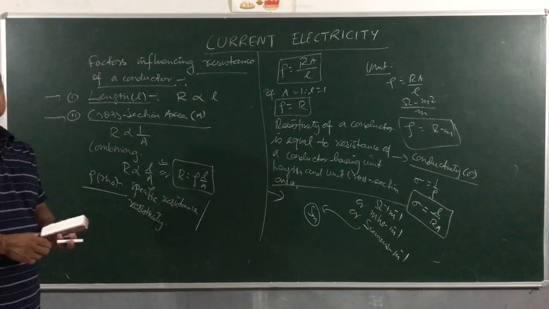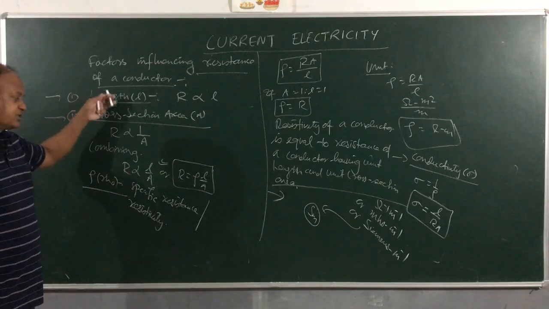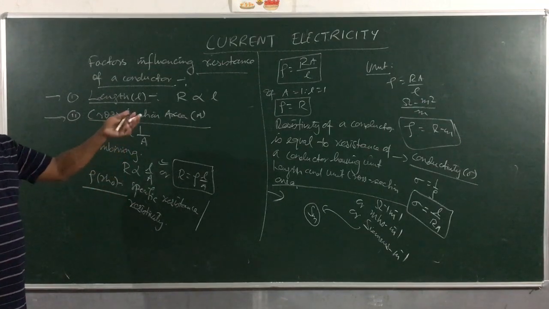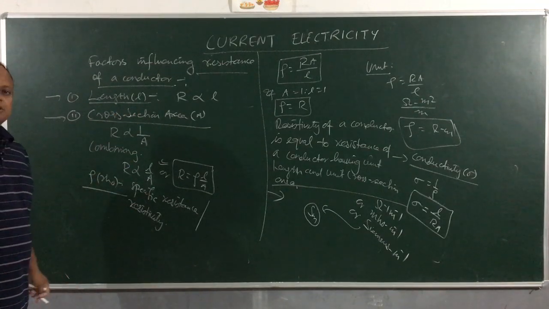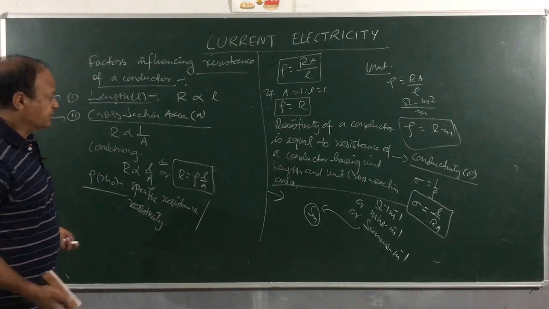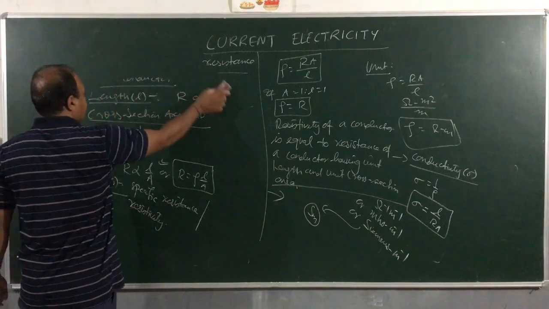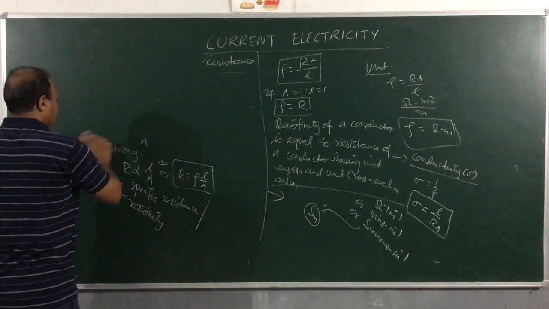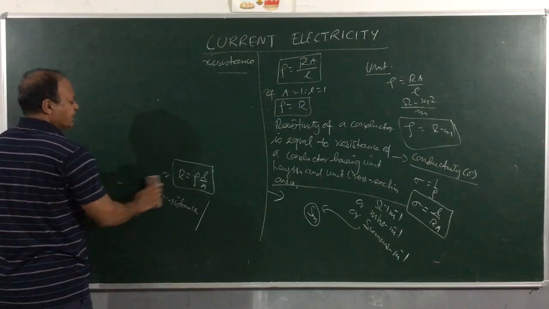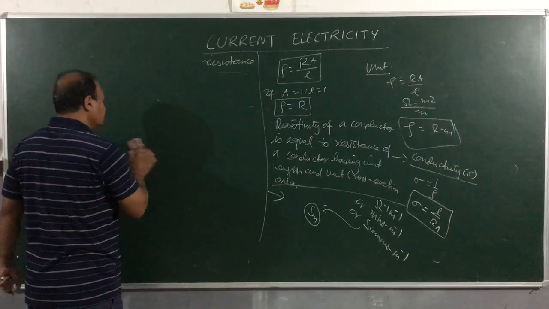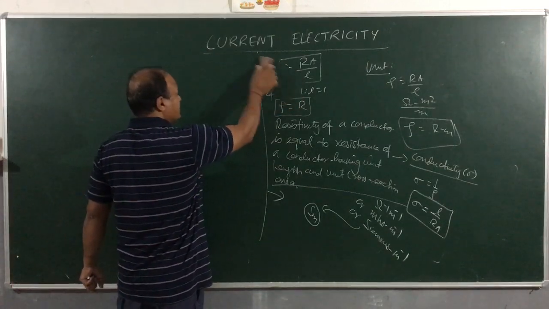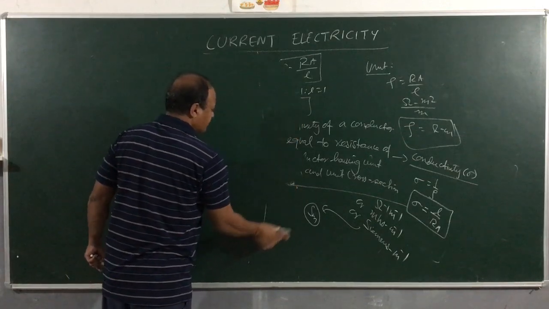Okay. So we discussed two factors on which the resistance depends. We also discussed resistivity and conductivity. Conductivity is also called specific conductance of a conductor. Okay, children. So there are two factors that affect resistance of a conductor that we discussed.